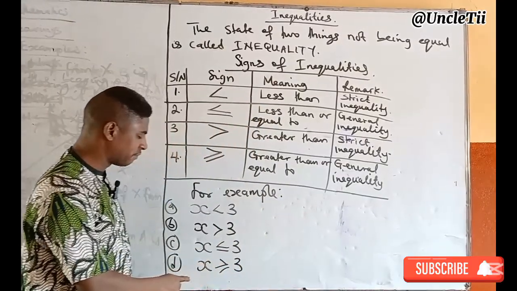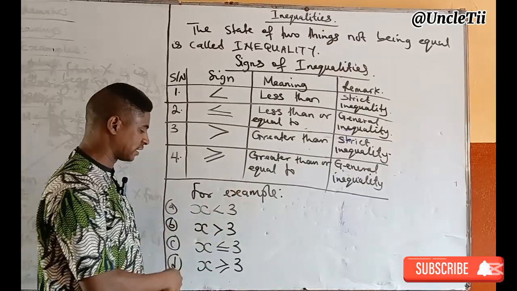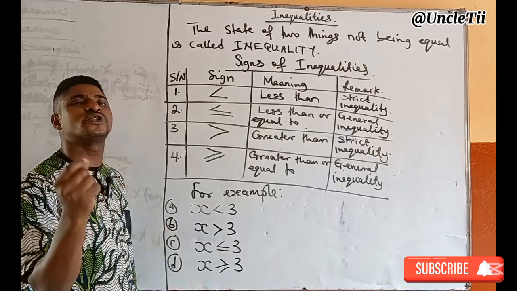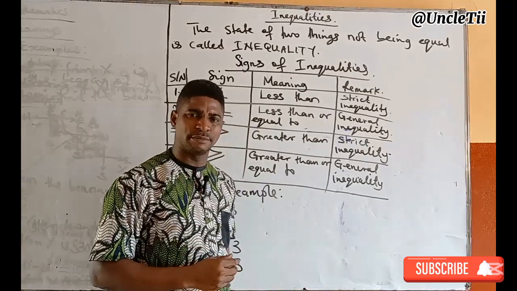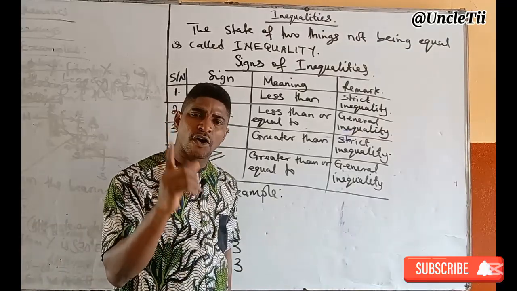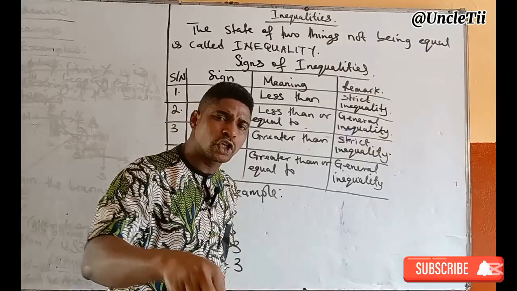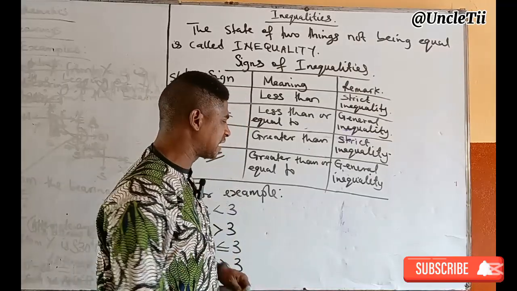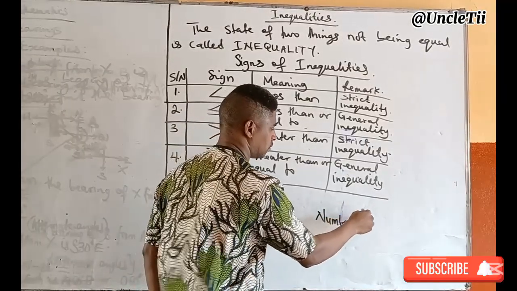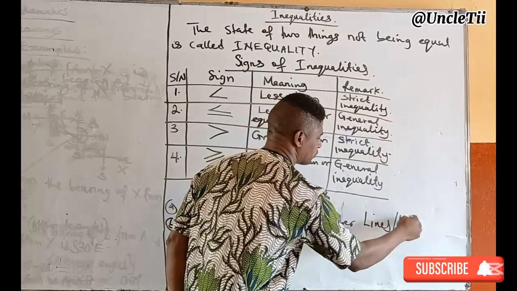Finally, I said just now that x greater than 3, for example, or x less than 3, or x less than or equal to 3, or x greater than or equal to 3 are solution sets. What is the meaning of that? They are a set of values. That therefore presupposes that the solutions to inequalities could be represented on number lines, or line graphs.